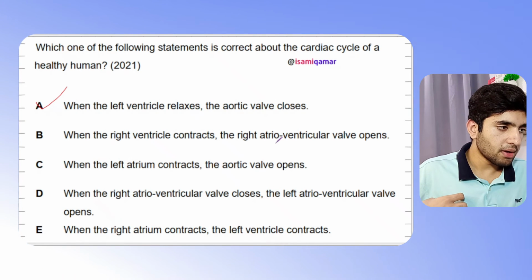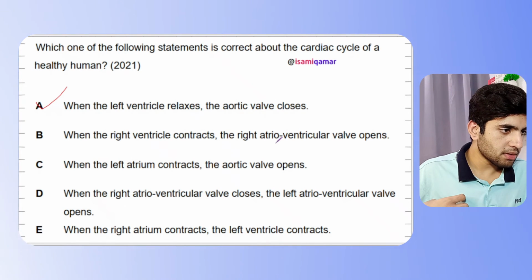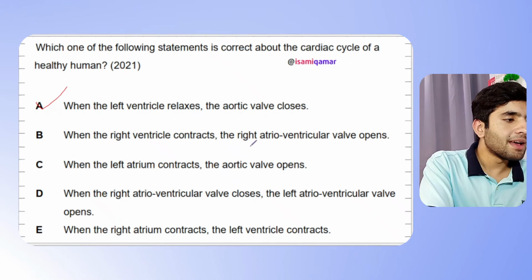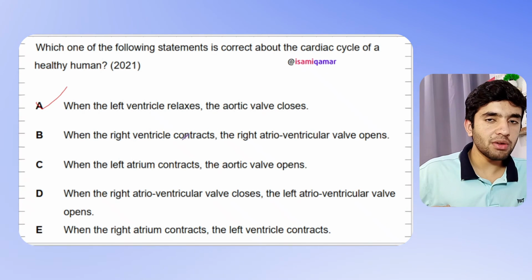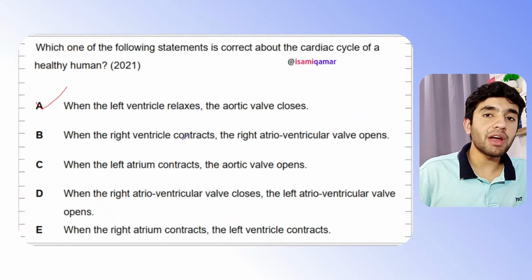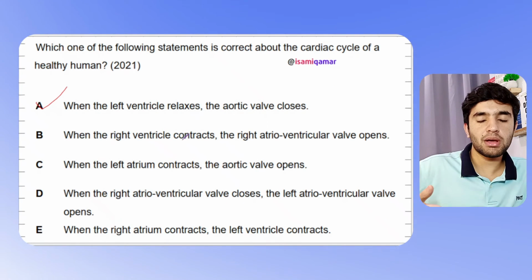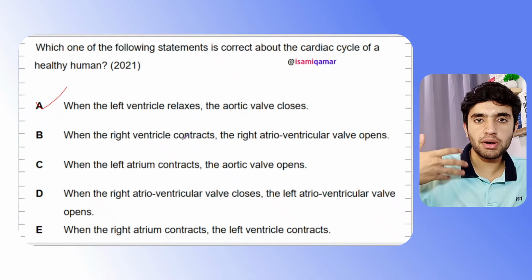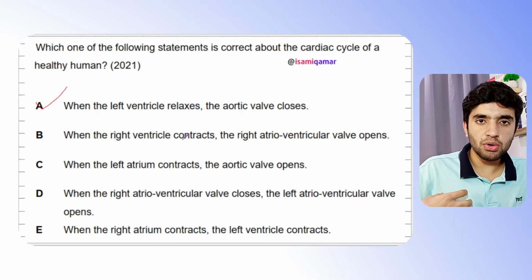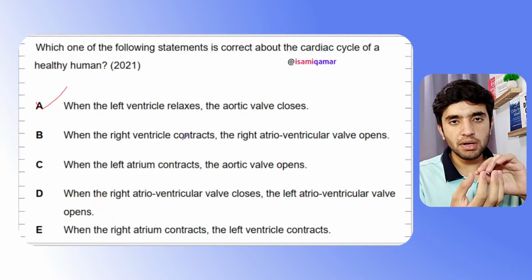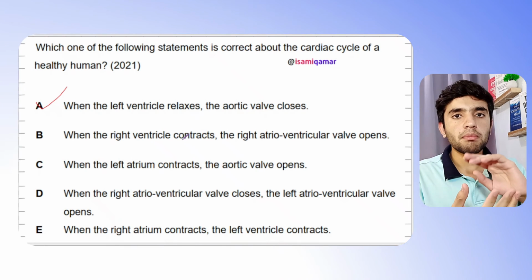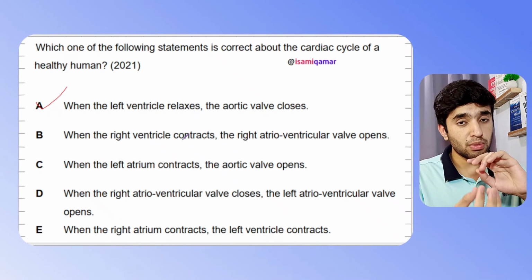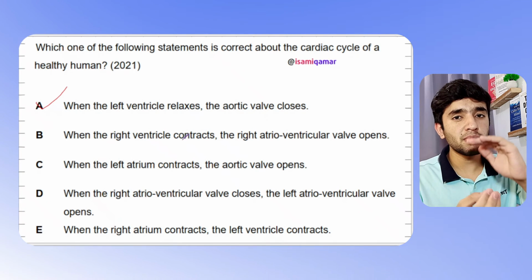Actually, yes, it happens to be true, but why is it right? No, actually, I was thinking about the atrium. When the right ventricle contracts, the AV valve has to be closed to stop the backflow of blood. Because if the valve didn't close, blood that has to be pumped into the pulmonary artery would flow back.